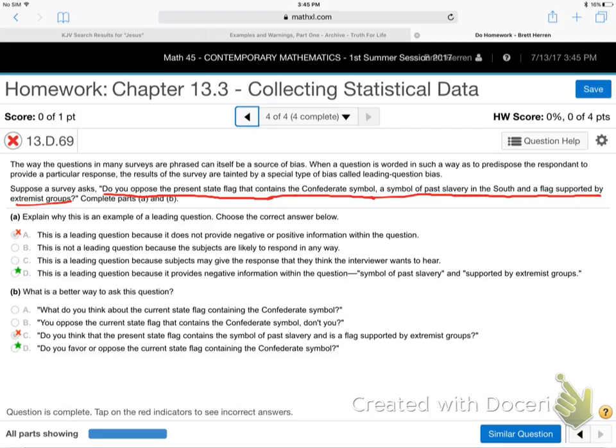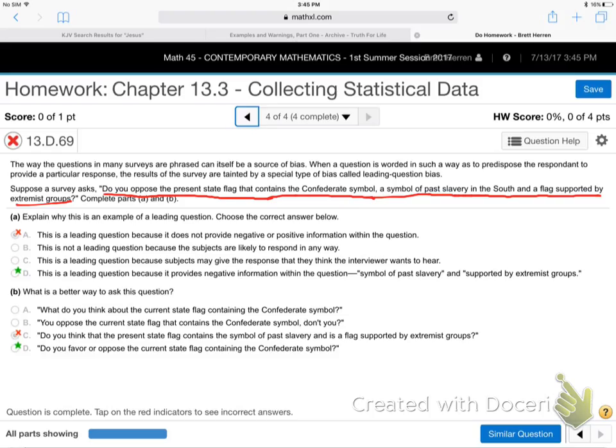What do you think about that question? They're trying to find out if people support the flag the way it's been done or not. And they're asking them, do you oppose the present state flag that has a Confederate symbol, a symbol of past slavery in the South, and a flag supported by extremist groups?